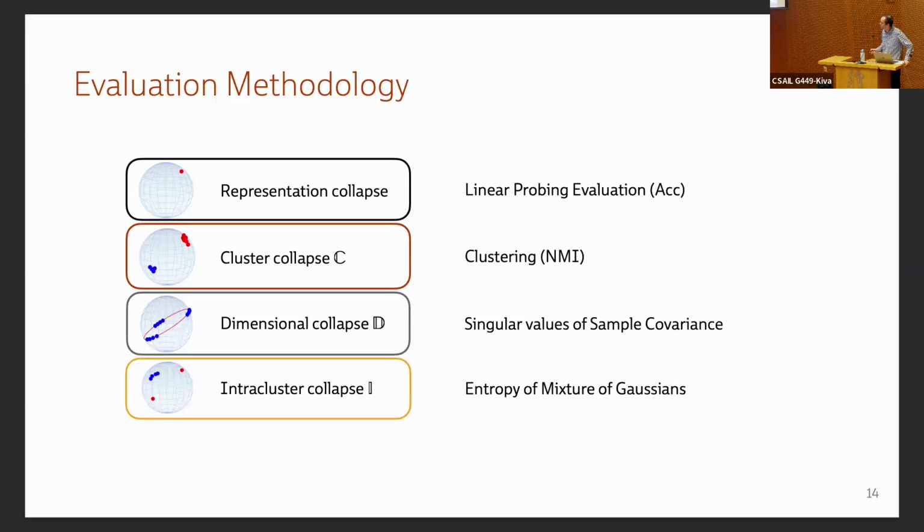But additionally, we assess the clustering performance. We try to assess the dimensionality collapse, for instance, by taking a sample covariance and measuring if we are leveraging all the dimensions. And then we provide a methodology to evaluate this intra-cluster collapse. We are going to see more details about that.